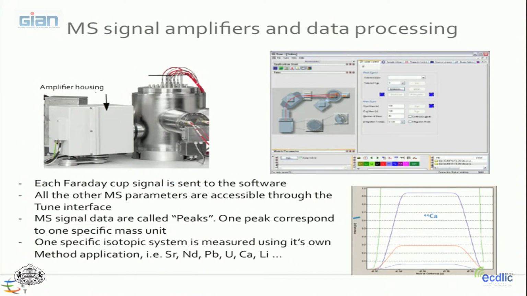Then you need software. The amplifiers are here in our mass spectrometer, the Faraday cups are here, and you need software because you need to tune your machine and develop methods specific to the system you want to measure. Normally it's done by me or the engineer, and when somebody comes to do a measurement, the method is directly available.